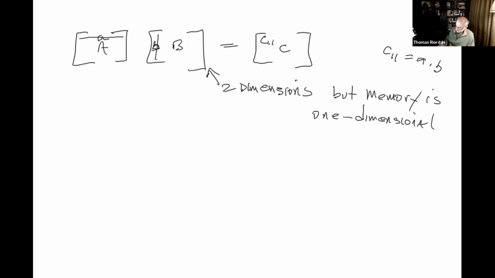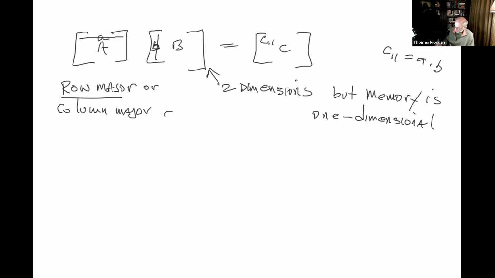And that means, and we can talk about storage of matrices, you can store matrices in what's called row major order or column major. So row major or column major order.